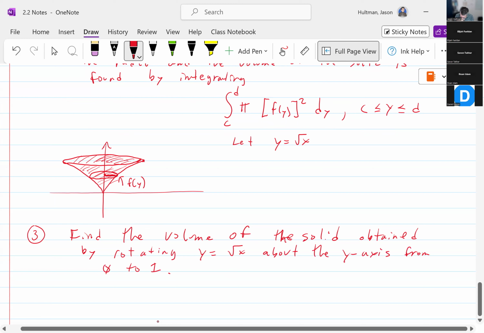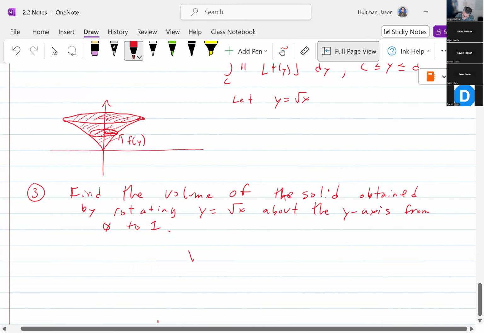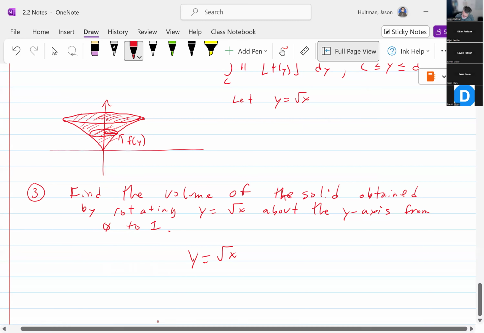Okay, so let's take y equals radical x, let's solve it for x. So we get a function in terms of, I mean, in terms of y.